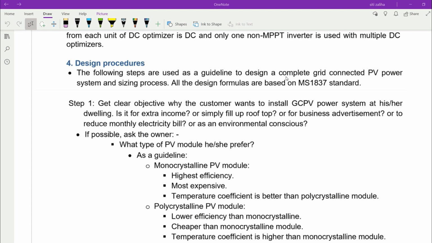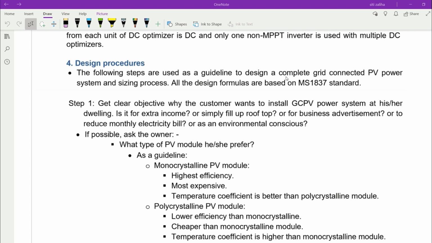Is it for extra income, or simply to fill up the rooftop, or for business advertisement, or to reduce the monthly electricity bill, or as an environmentally conscious choice? If possible, ask the owner what type of PV module he or she prefers.